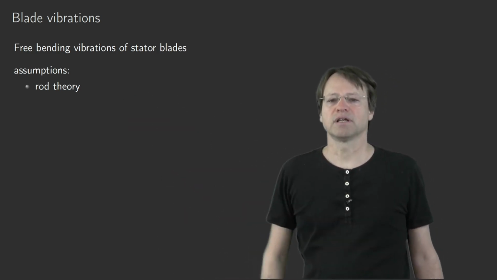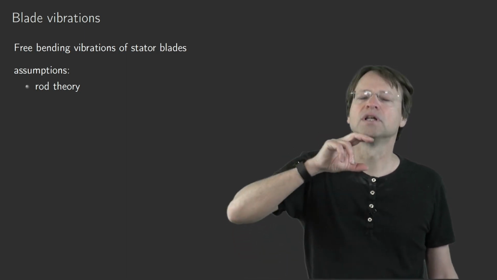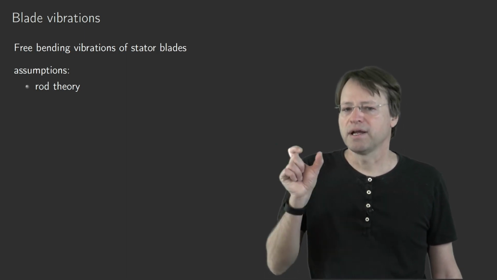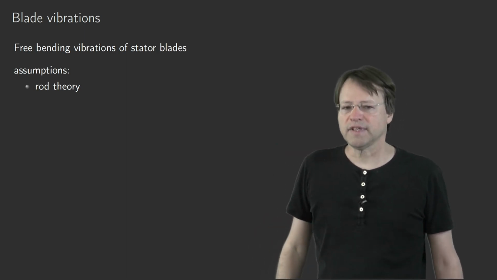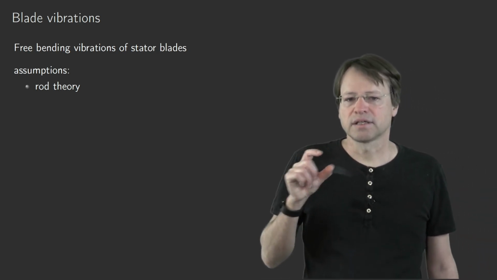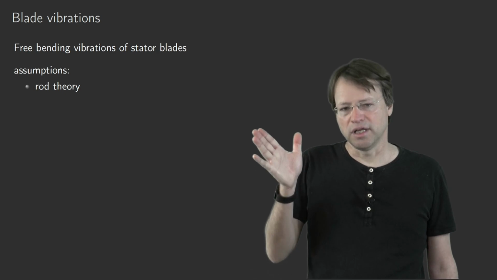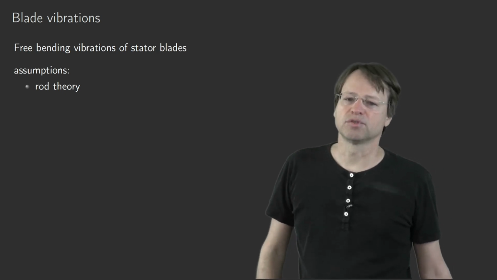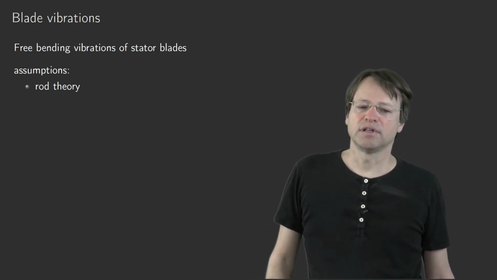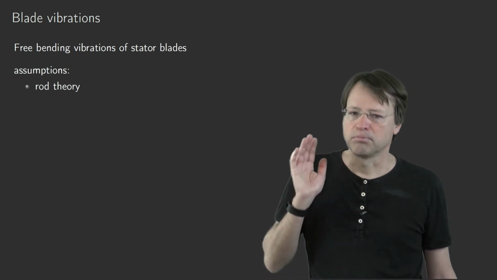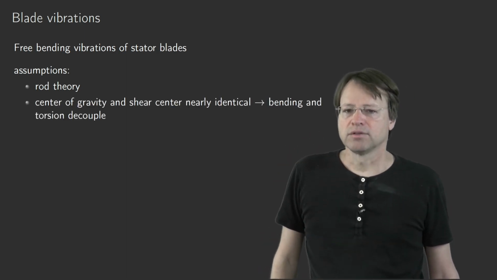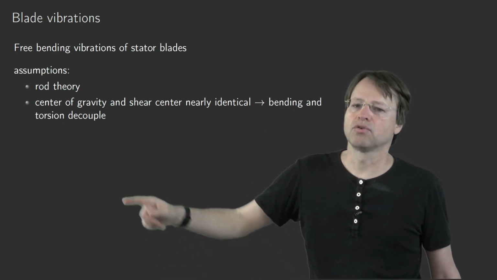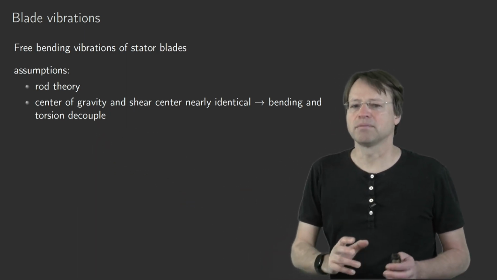The assumptions are that we can apply classical rod theory, so that we can model our blade as being basically a one-dimensional object where the length scales in the other two directions, so in the vertical and in the lateral direction, are relatively small, and the changes that occur there are relatively small, so that we can deal with beam theory. Then there would not be only bending of beams, but there could be also torsion, and torsion and bending can be coupled.